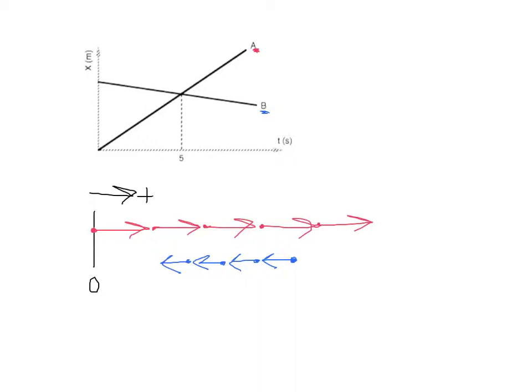So, what I want you to do is answer number 1, of course. Now, for numbers 2 through 4, I want you to do 2 things. With those descriptions, I want you to draw an XT graph, a position time graph, and I want you to draw a motion map.